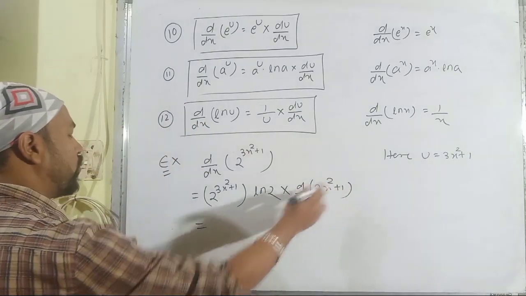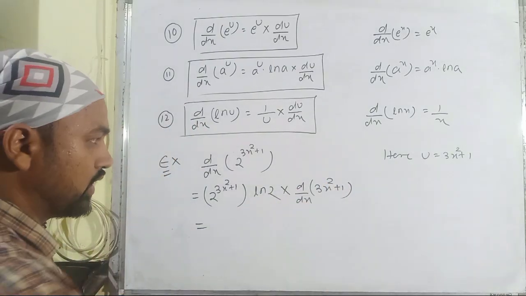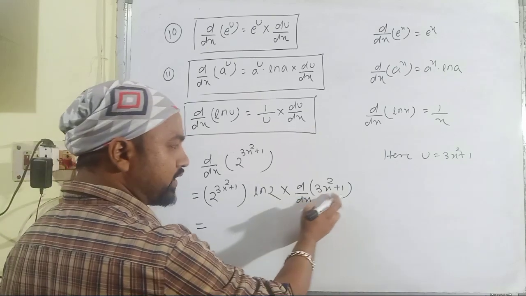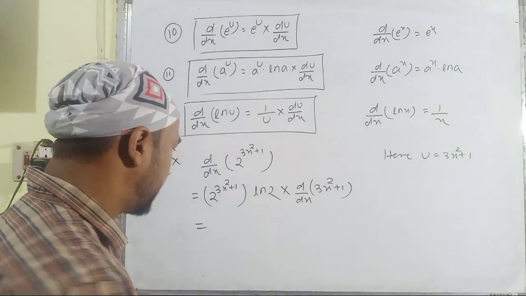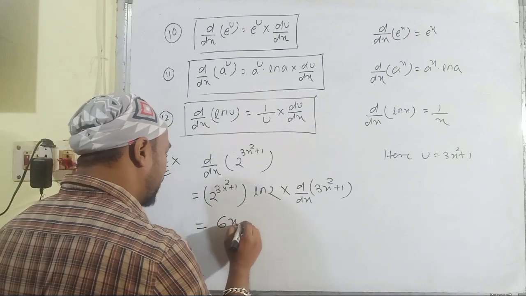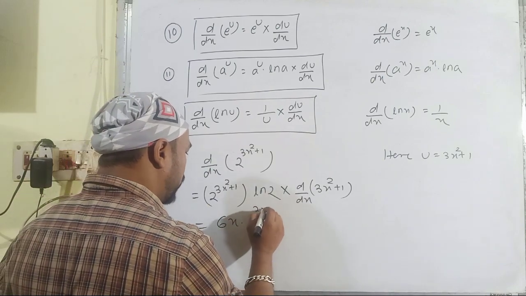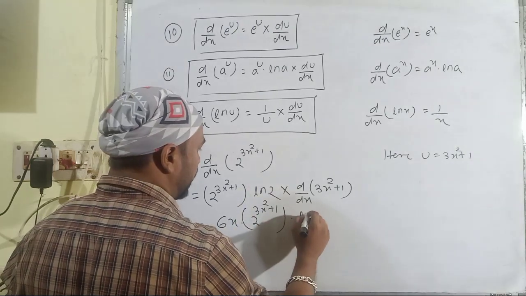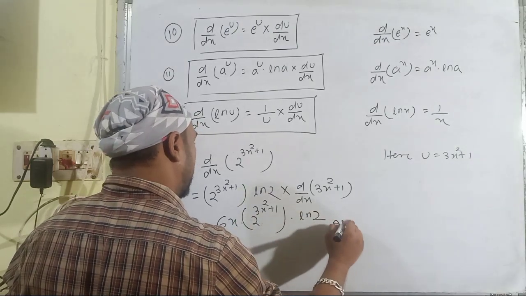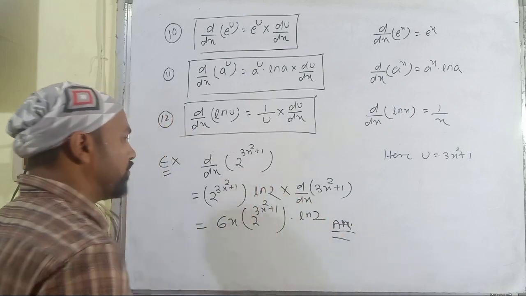Differentiation of 3x square is 6x. Differentiation of 1 is 0. 6x plus 0 is again 6x. So the answer will be 6x multiplied with 2 to the power 3x square plus 1 multiplied with ln 2, which is the answer for the given problem.